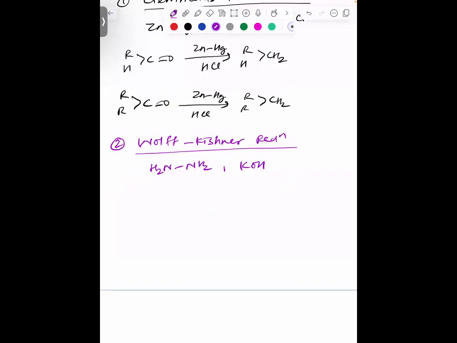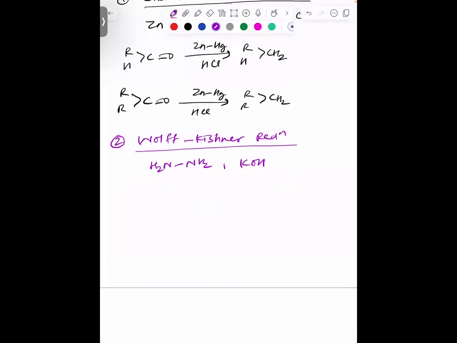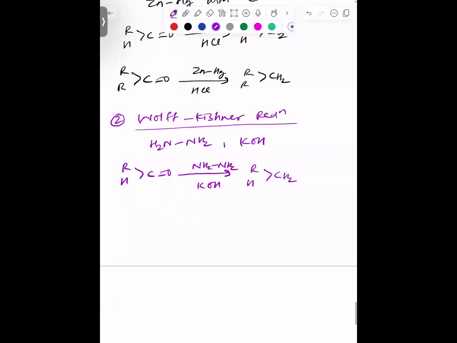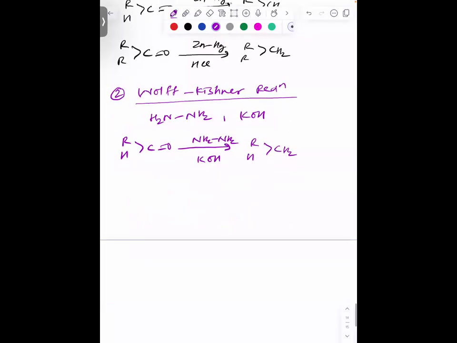Same as the Clemmensen reduction, aldehydes are treated with it in the presence of a strong base to be reduced to give alkane. Similarly, ketones as well.